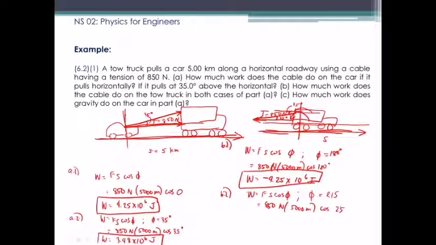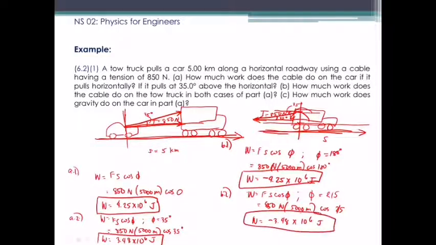Since this is at an angle 35, this one is also 35. From the horizontal to that, it is 180 plus the 35 below. So, 180 plus 35, that is why you get an angle of 215. So, your work now is negative 3.48 times 10 to the power 6 joules.